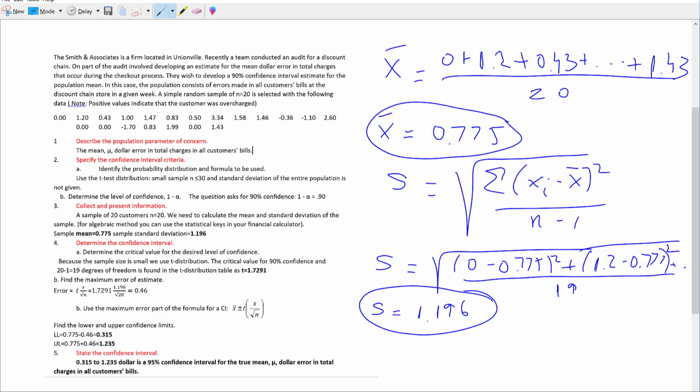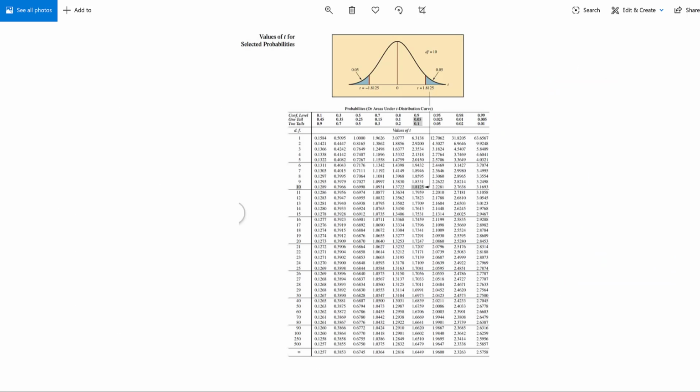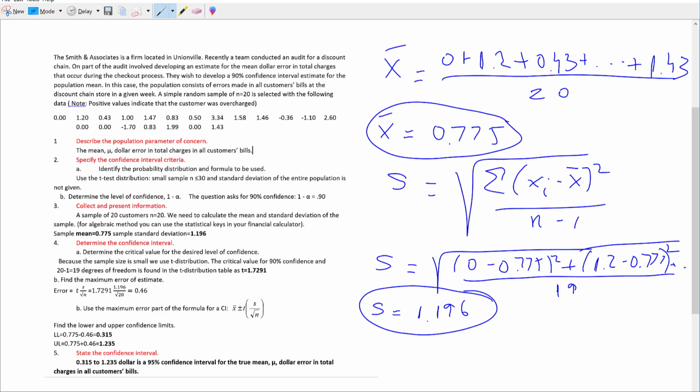Let's read the t value from the t distribution table. We have the confidence level, so we go up to .90, and we go down to 19 degrees of freedom. You can see the critical value is 1.7291. Let's return to our first slide.